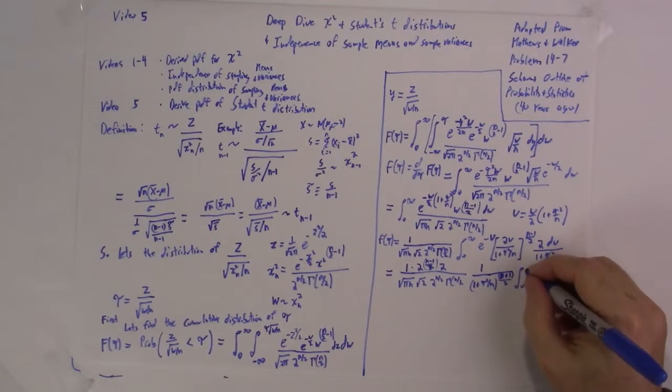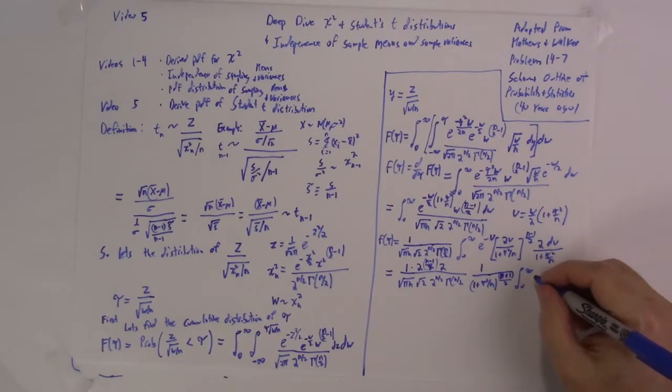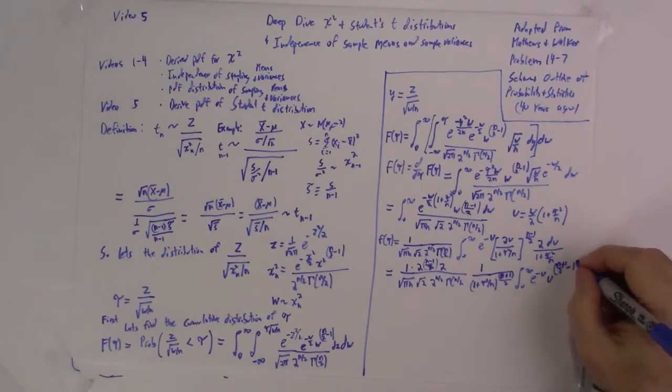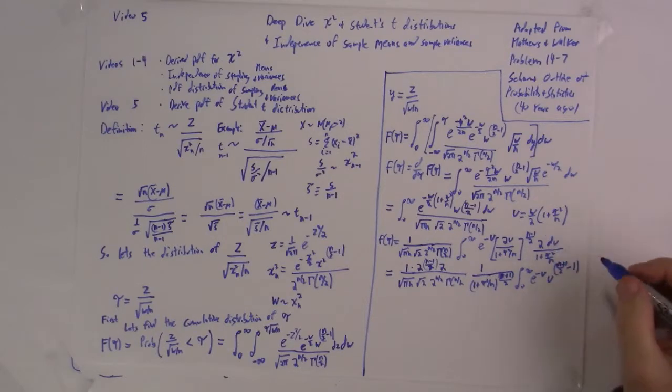And I have the integral from 0 to infinity, e to the minus u to the n plus 1 over 2 minus 1. Right? N over 2 plus 1, so it's n minus 1 over 2. Okay.